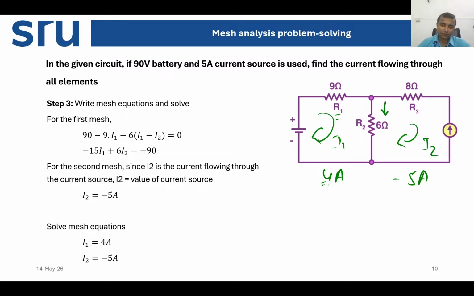I1 is coming from top to bottom, which is positive, so our convention is right. But I2 should have been going from bottom to top, and it is minus 5 ampere, so definitely the current is not going from bottom to top. I2 has minus 5 ampere, which means it is actually not in the clockwise direction but in the counterclockwise direction.